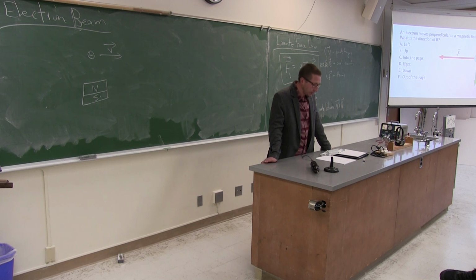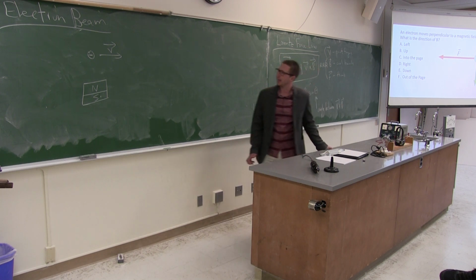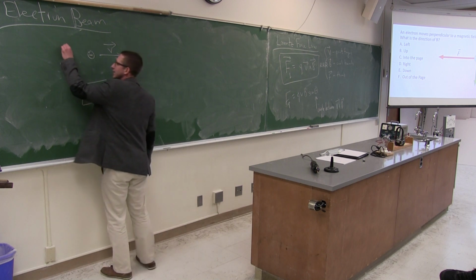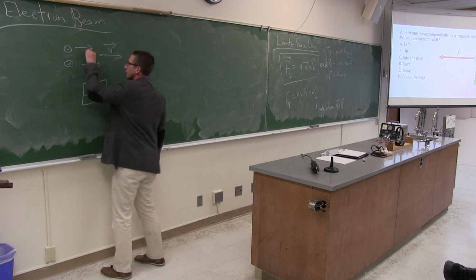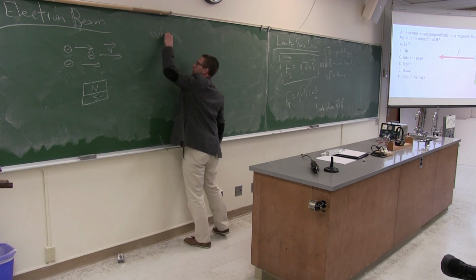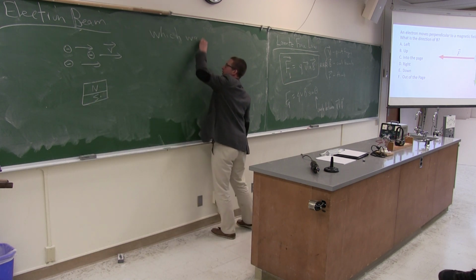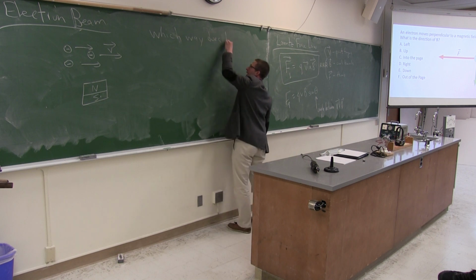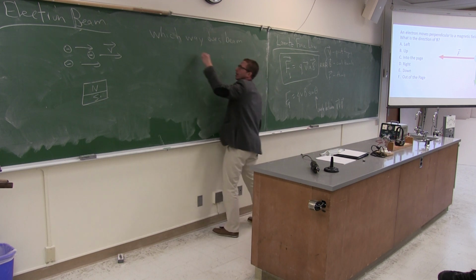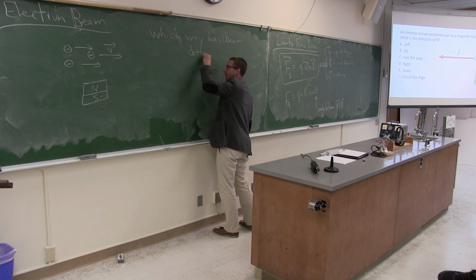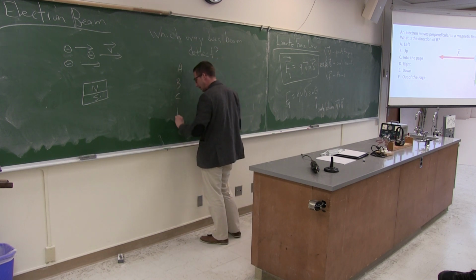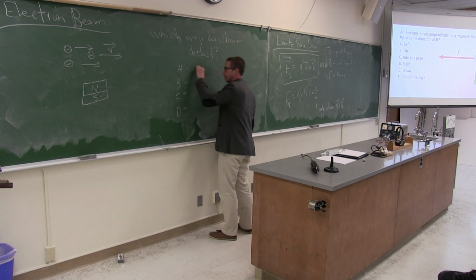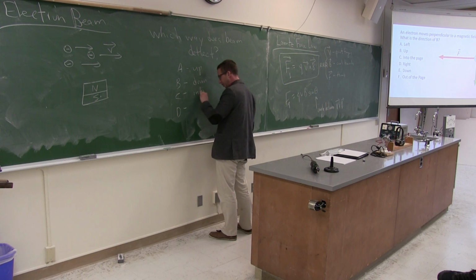So the question is, which way does this beam of electrons, and let's say it's a bunch of electrons, they're all moving like this, which way does the beam deflect? Up, down, into, out.